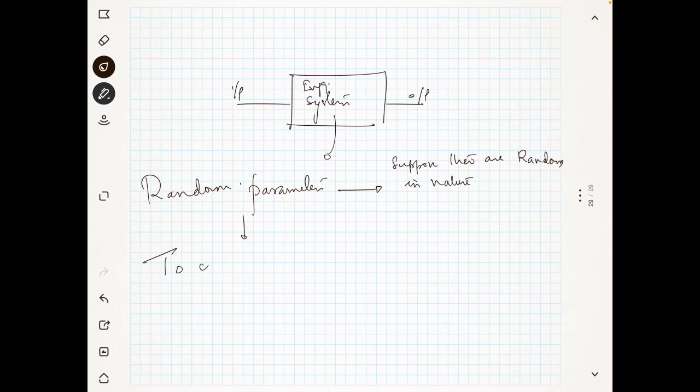So to characterize the system, instead of using just simple probability theory, we will use the probability density function.